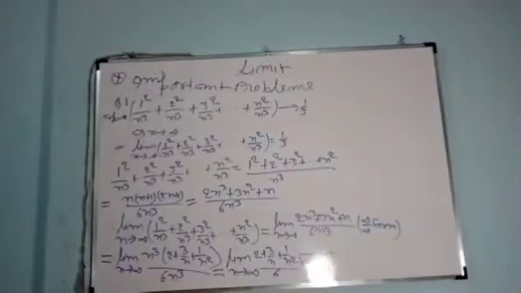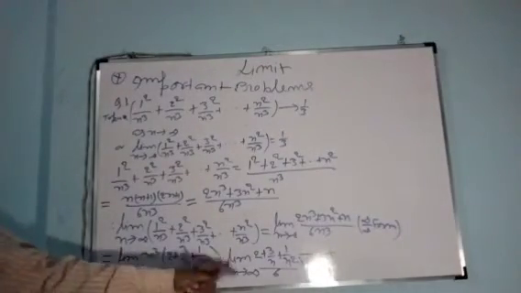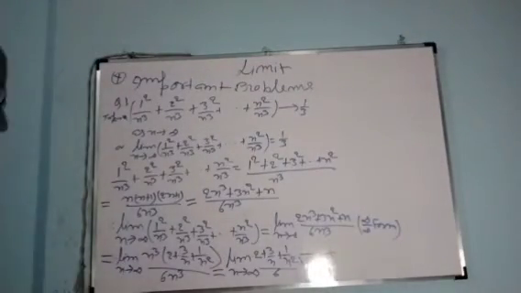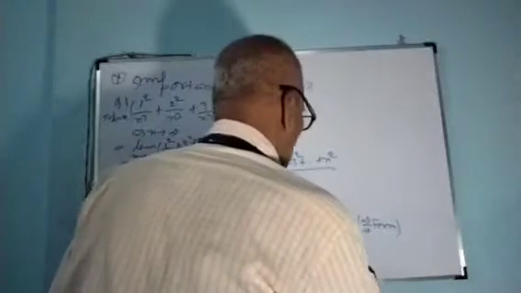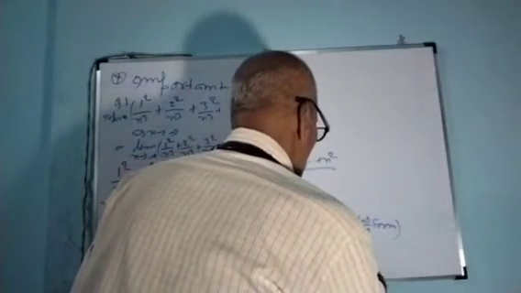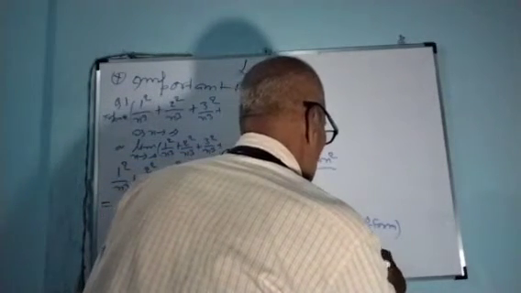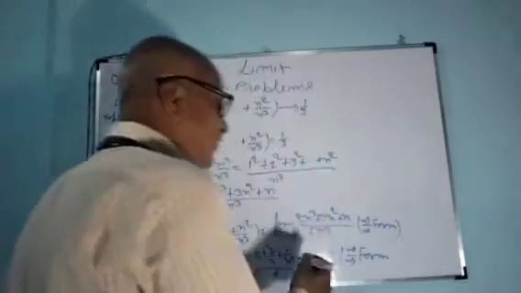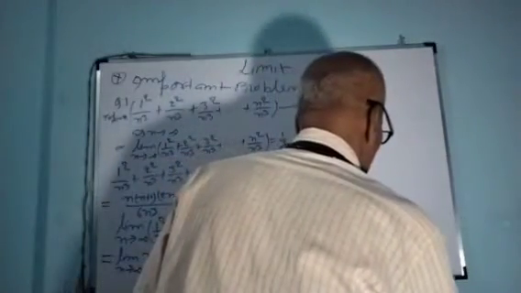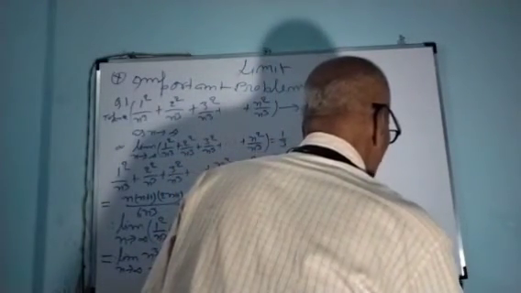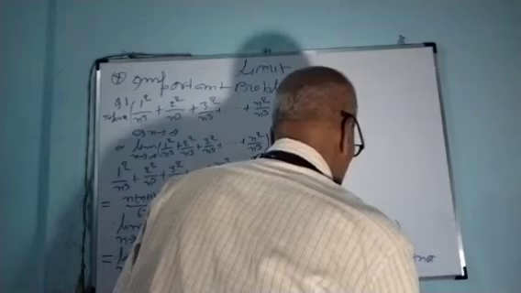What we see here: the infinity by infinity form does not exist.